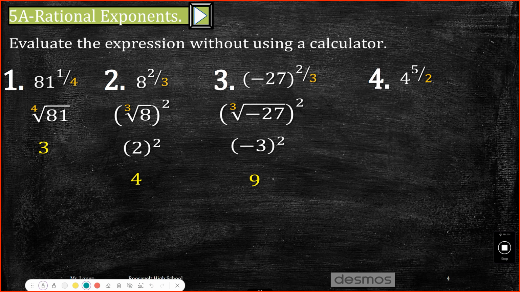Somebody, yeah, you got it. Somebody else. Come on, let's go. Giovanni, what do you got? 32. The square root of 4 is 2. 2 to the 5th. 2 times 2 times 2 times 2 times 2 is 32.